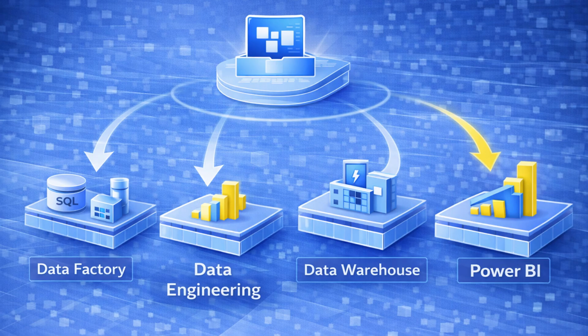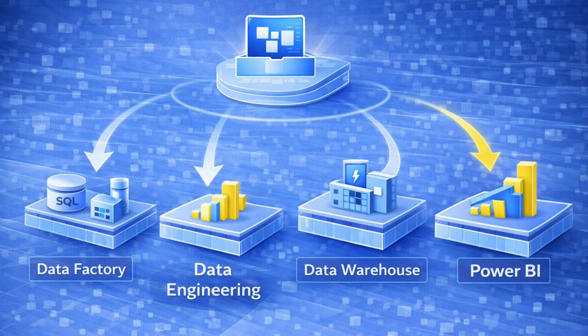Inside of Microsoft Fabric, there are multiple workloads. Each workload is designed for a specific type of work. For example, Data Factory, which is helpful to bring data from different sources. Then Data Engineering is helpful to clean and transform data.